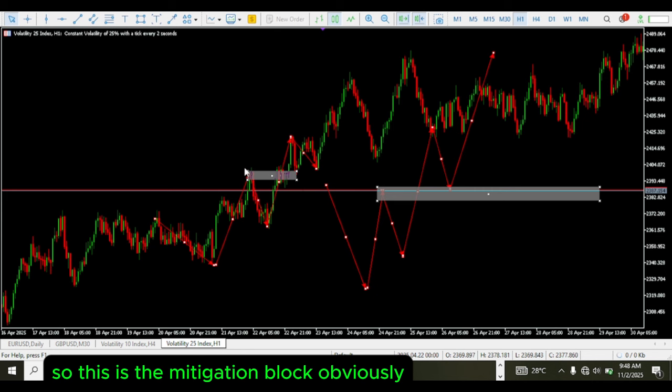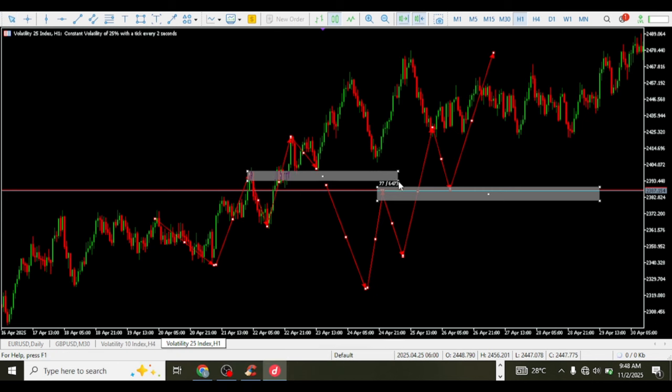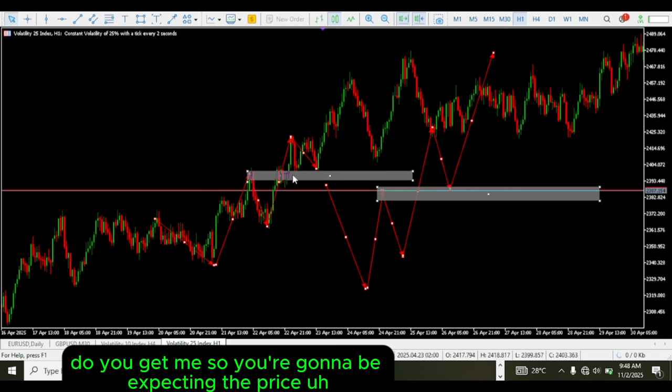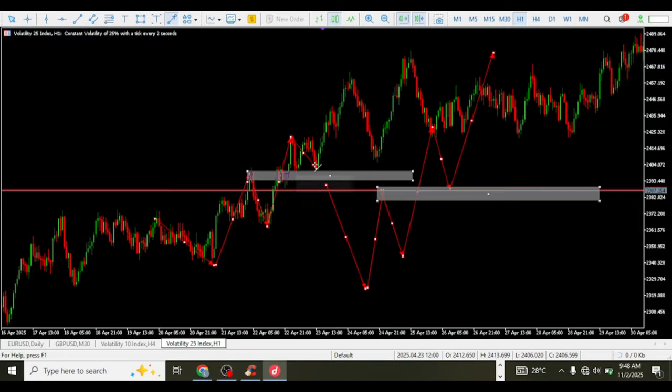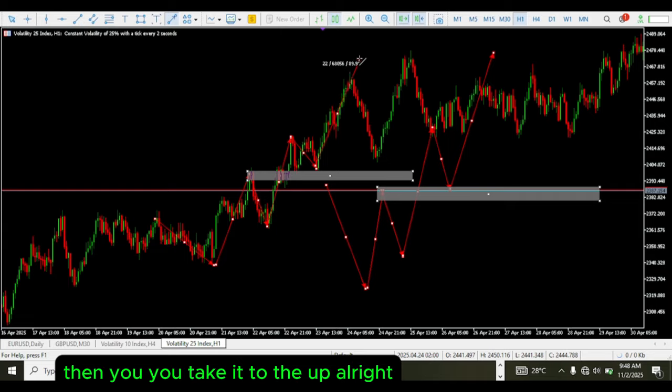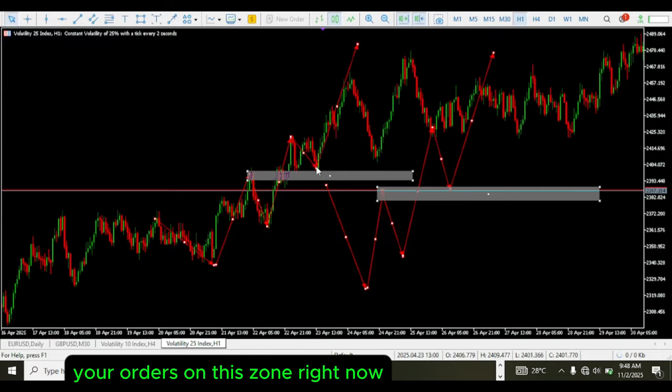Can you see that? So this is the mitigation block, obviously. So you're going to be expecting the price to tap into the zone again, then you take it up. You're going to set your orders on this zone right now. This one I've just marked, guys.